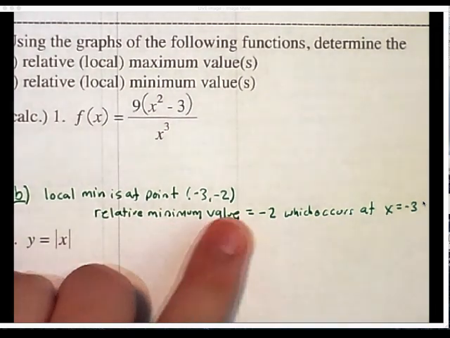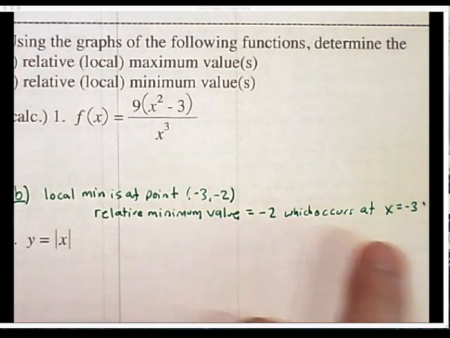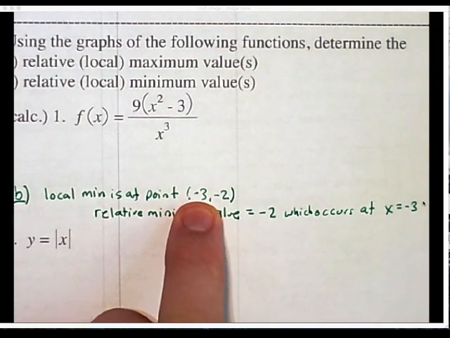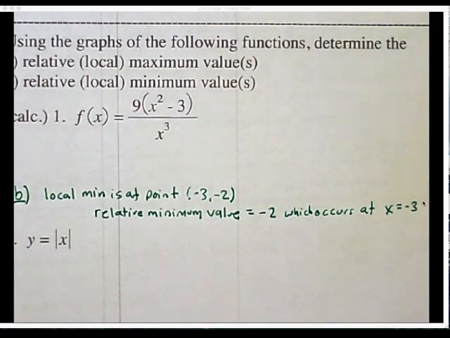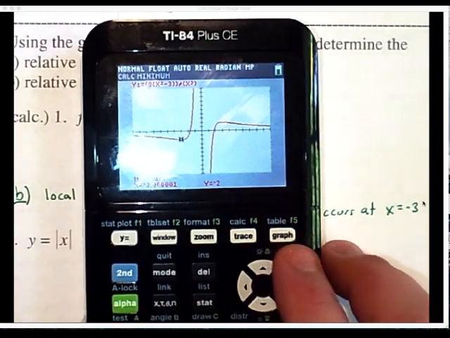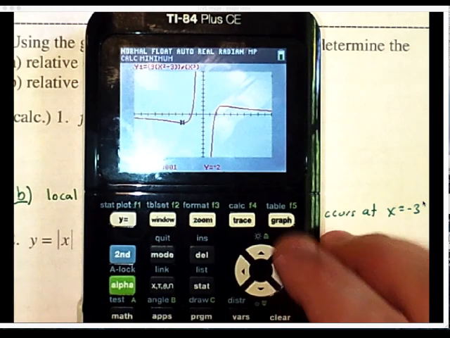So the actual value of the minimum is -2, and that occurs at that x value of -3. Now, what about the relative or local maximum?